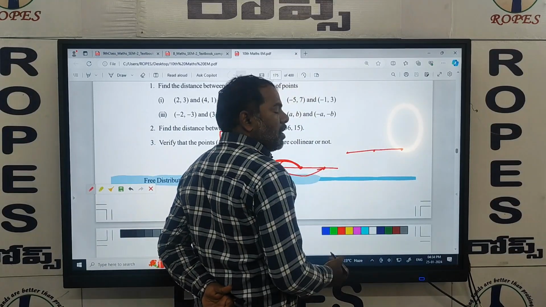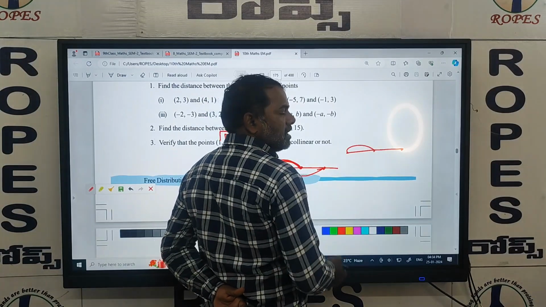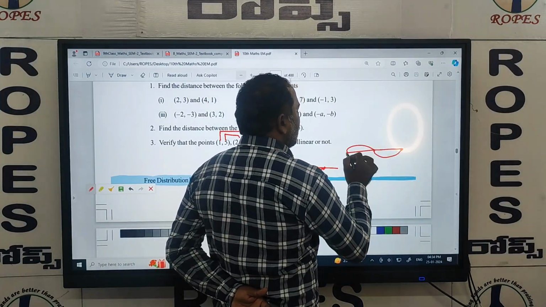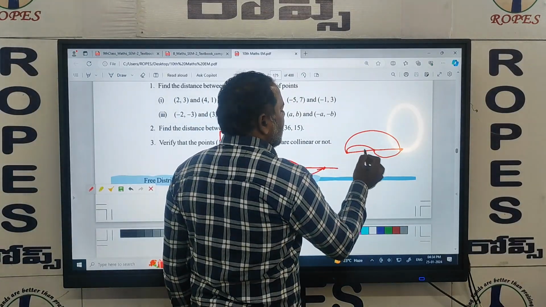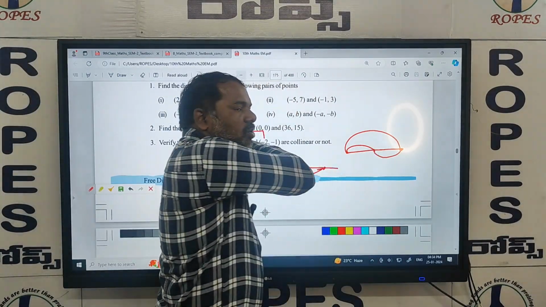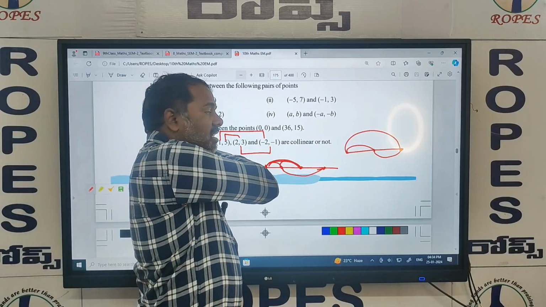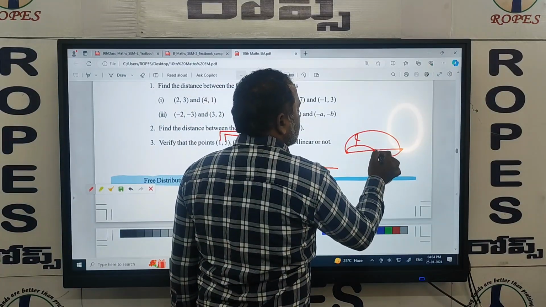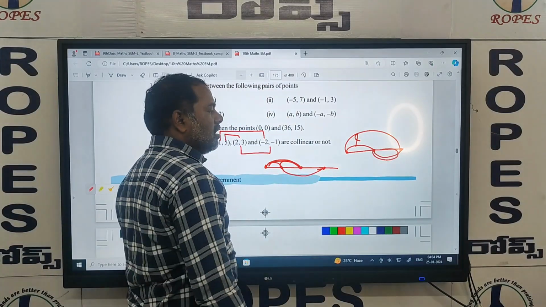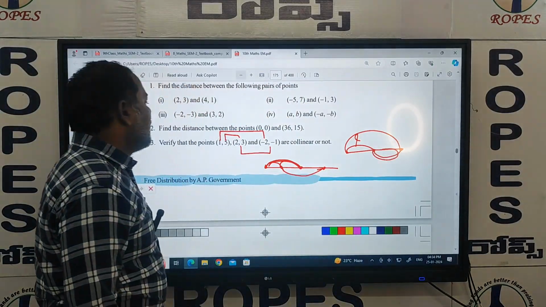These are collinear points. Then we find this distance, this distance, and finally this distance. The sum of any 2 distances should be greater than the 3rd distance. So this is about collinear.